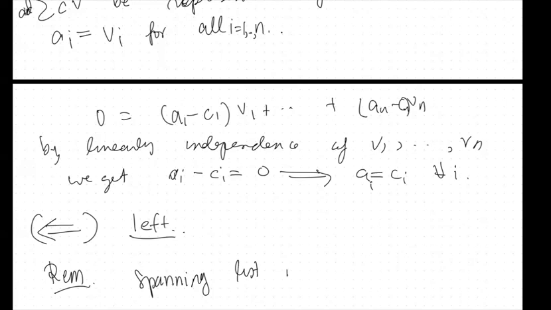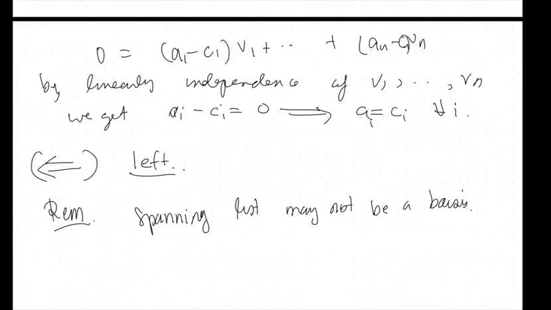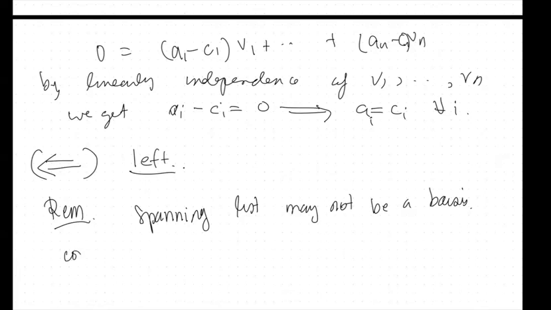What's the issue? Considering linear dependence, if the list is not linearly independent, then it's not a basis, but it's just a spanning list.